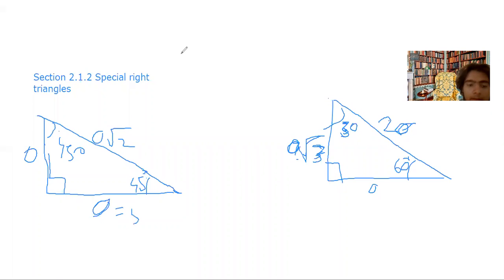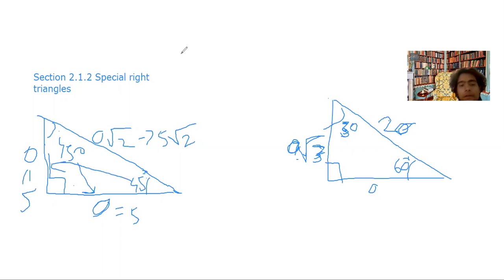The opposite of the 45 degree angle is 5. They're going to be the same value because they have the same angle, so this one's going to be 5 too. And the opposite of the 90 degree angle is going to be 5 times the square root of 2. This is for every 45, 45, 90 triangle.